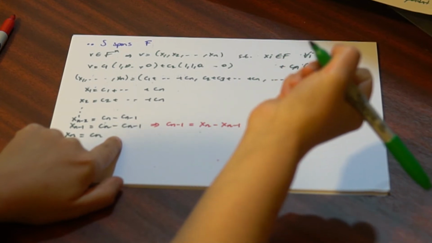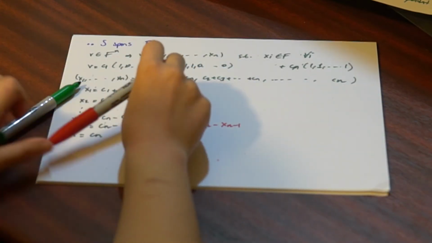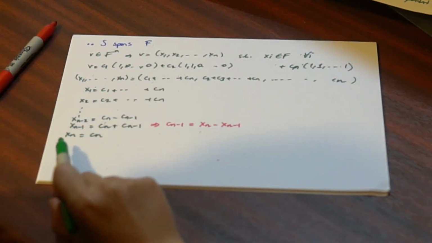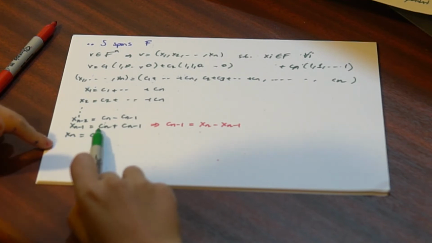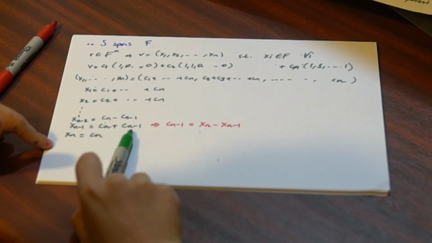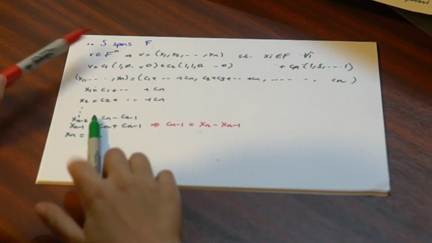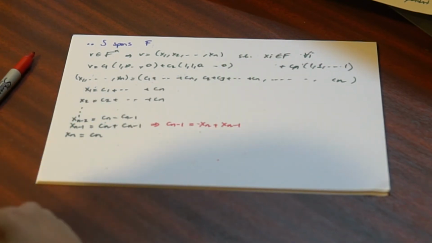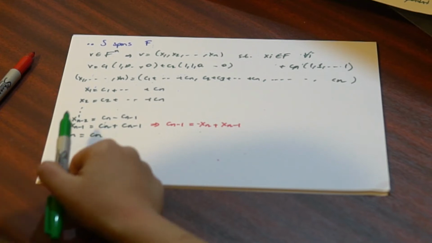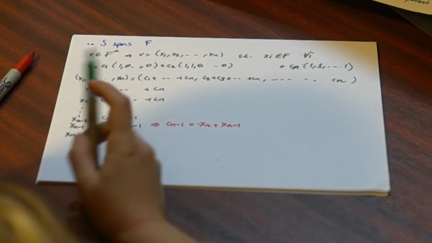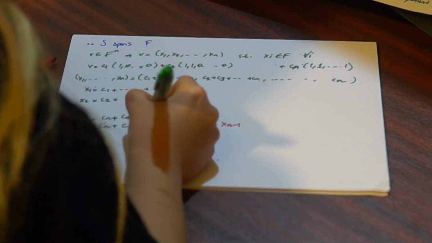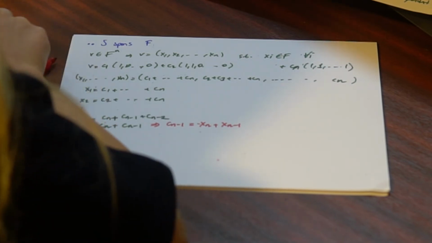Sorry, why is it minus? Sorry, it's plus. This one is plus. So if Cn is xn, then we will have Cn minus 1 is equal to minus xn plus xn minus 1, right? Yes. Then we will have xn minus 2 is Cn plus Cn minus 1 plus Cn minus 2.